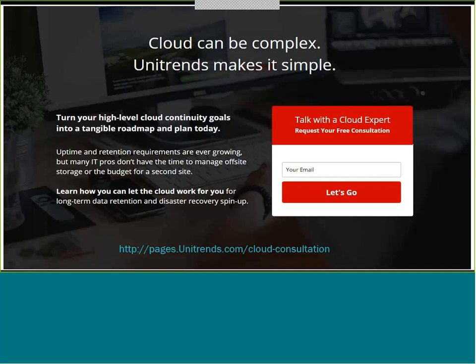Can you explain how, after you fail over to the cloud, you return to using on-prem? How does the data sync, and what should we expect? Let's say you have a declared disaster in your primary data center, and you then turn on the applications in the cloud.